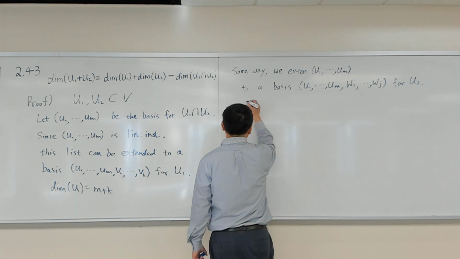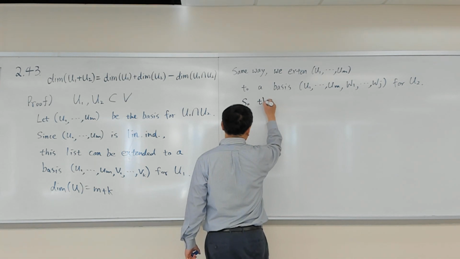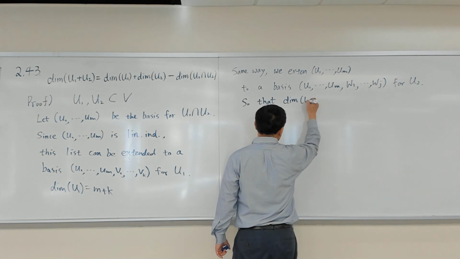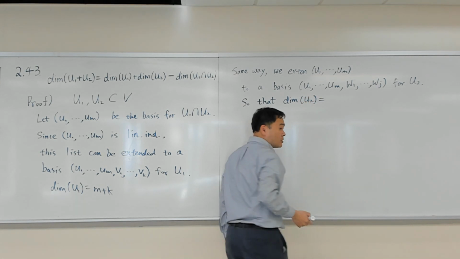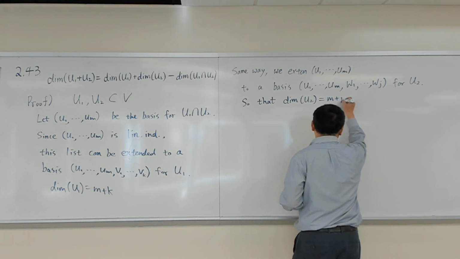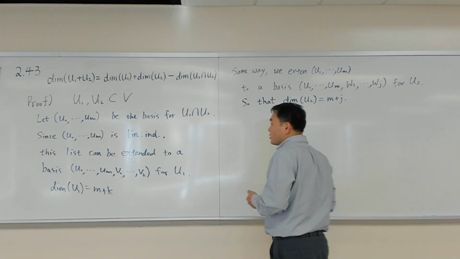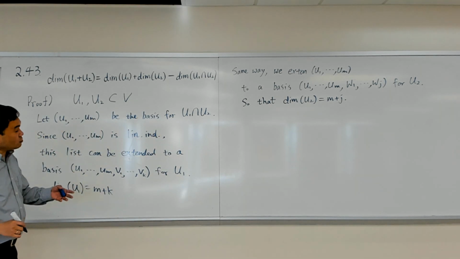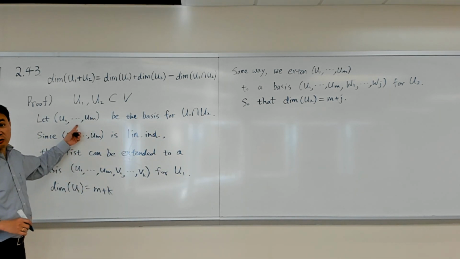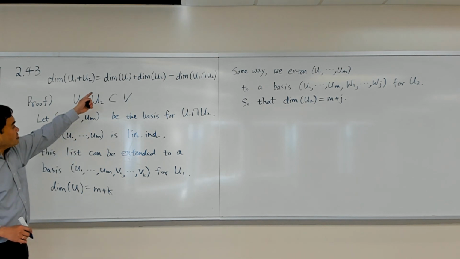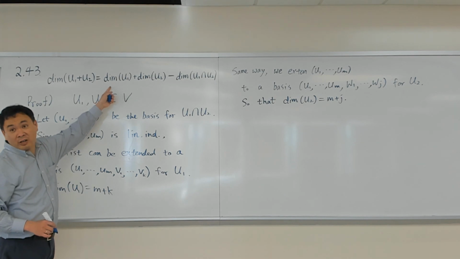So that dimension of U2 is, same question, m plus j. Now, since we know the dimension of U1, dimension of U2, and dimension of U1 intersect U2, which is just m, this allows us to calculate the right side.